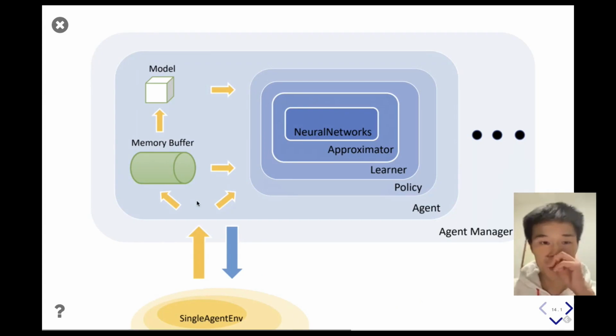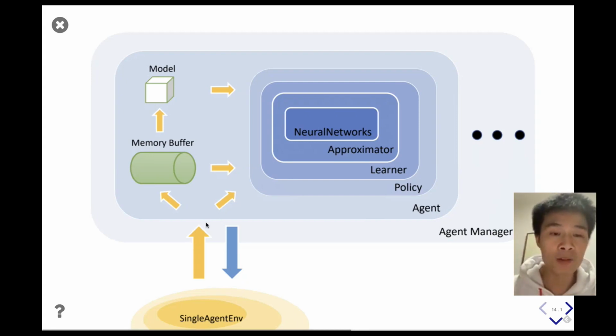Now let's come back to the picture again. Here, the policy could be a random policy or a Q-based policy, which would like to learn the Q values. And now the workflow is slightly changed. When we wrap the policy in an agent, we first get a state from the environment, and now the state and the reward flow first to the memory buffer. Then it will also pass to the policy and generate an action back to the environment.